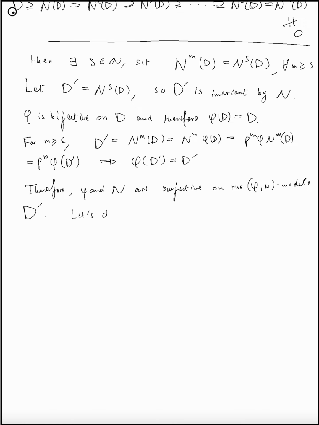Let's choose a basis for D prime, and then let A and B be the matrices for phi and N respectively under this basis.